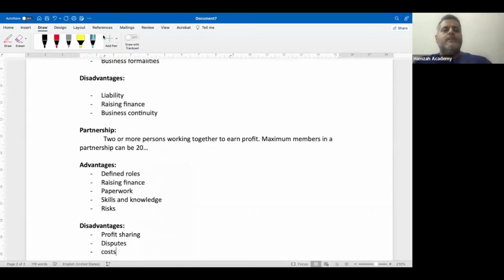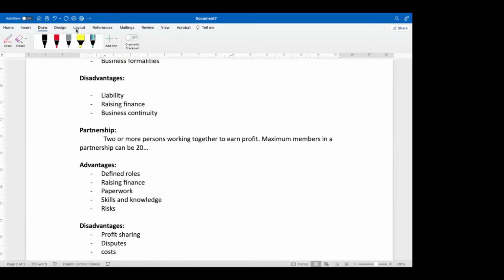Like, say, in case a partner ends up taking a wrong decision, then it's possible that you might have to suffer the cost because of the wrong decision being taken by the partner as well.